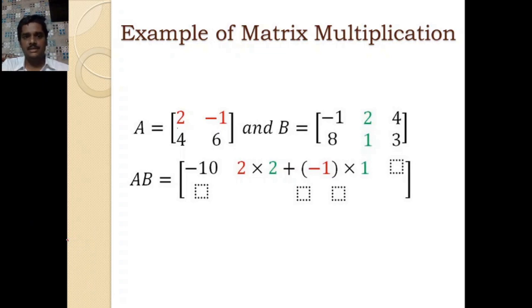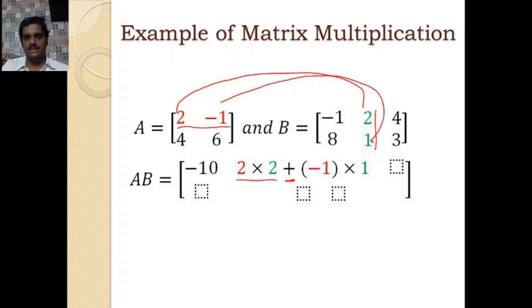Here you can see first row, second column multiplying. 2 multiplies with 2 plus minus 1 multiplies with 1 to give you first row, second column element.